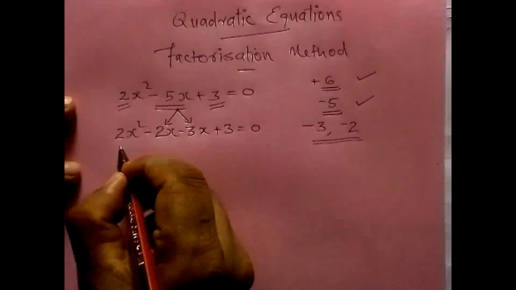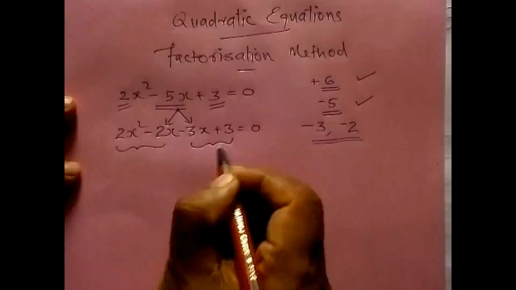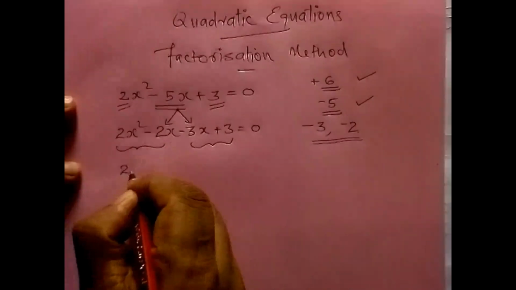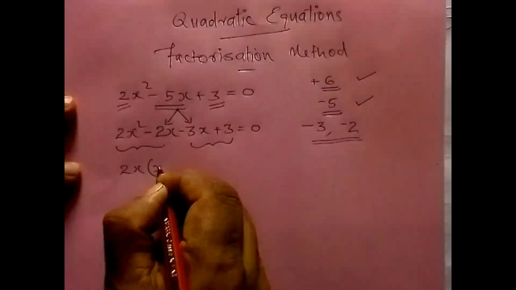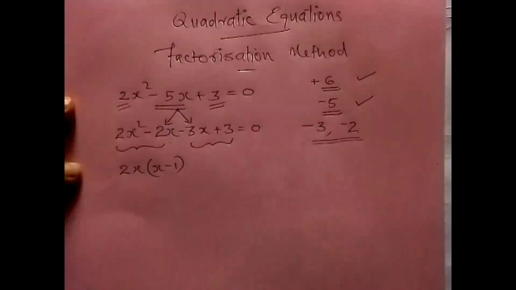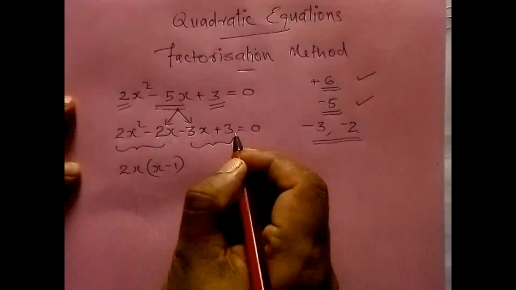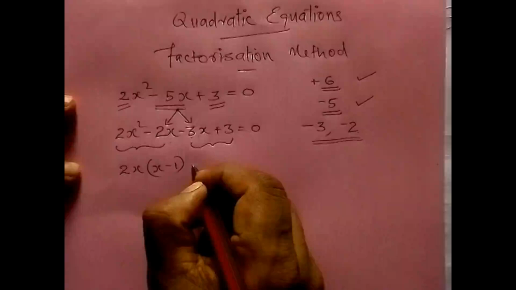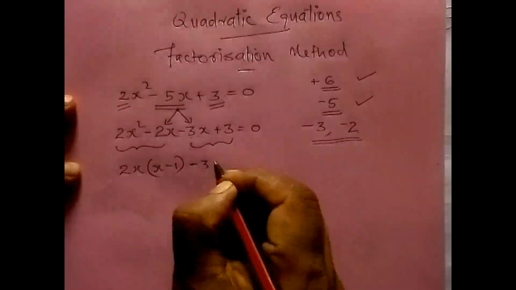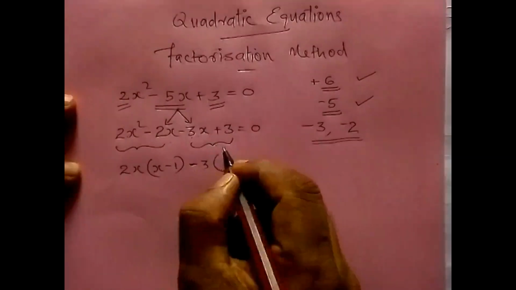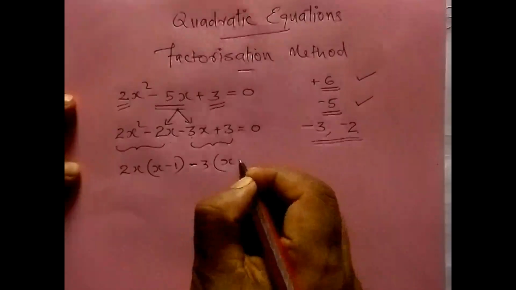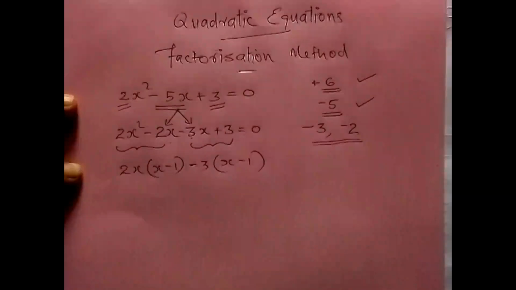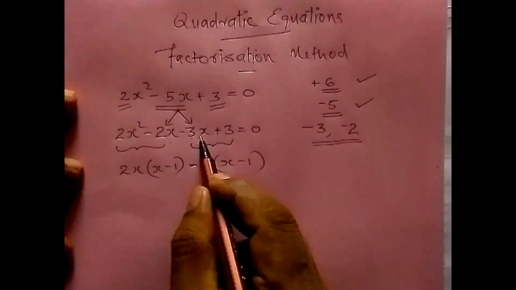From these first two terms, I can take 2x outside, so x minus 1 remains. From the last two terms, I can take minus 3 outside, so that inside the bracket I will get x minus 1. Minus 3 into x is minus 3x.